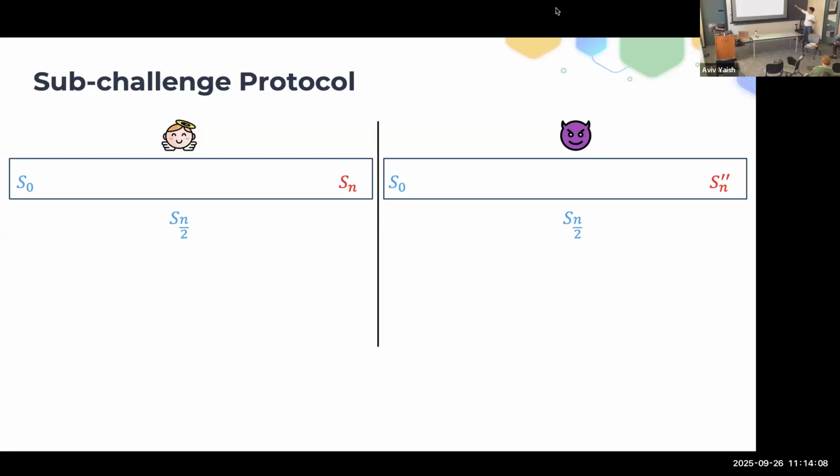Because this wrong state may say something like Ben has decided to withdraw a bunch of ETH from his account on Arbitrum back to Ethereum, and since Arbitrum secures billions of dollars, if a wrong state gets confirmed, this could mean billions of dollars lost for honest people. And so Diana here wants to get Sn prime confirmed, which is the wrong state.